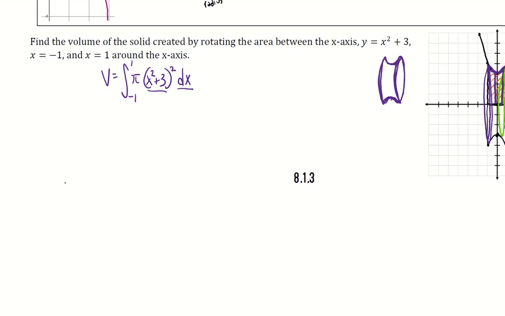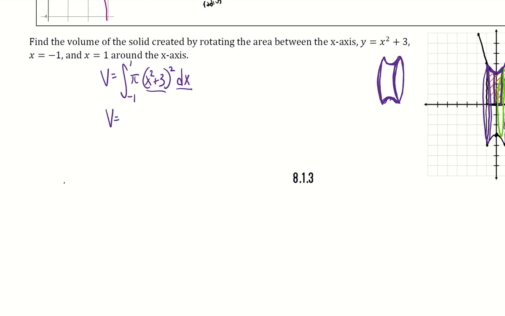And this does say find the volume, so I'm going to go ahead and solve this. Pi is just a constant, so just take it out. X squared plus 3 squared would be, using the FOIL method, x to the 4th plus 3x squared plus 3x squared is 6x squared, plus 3 times 3 is 9, dx.